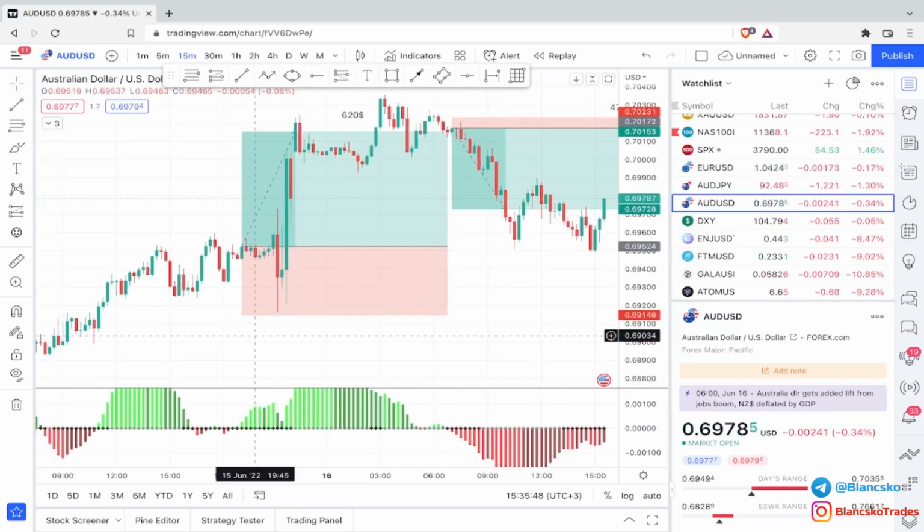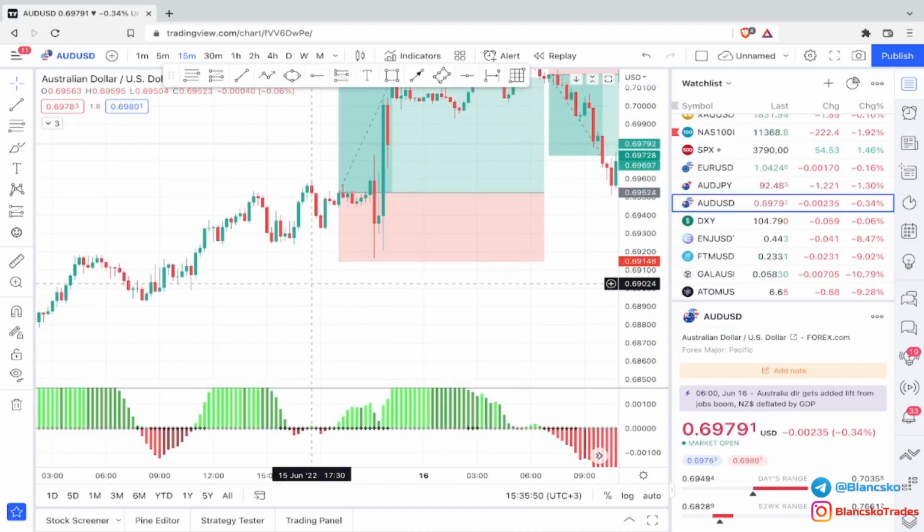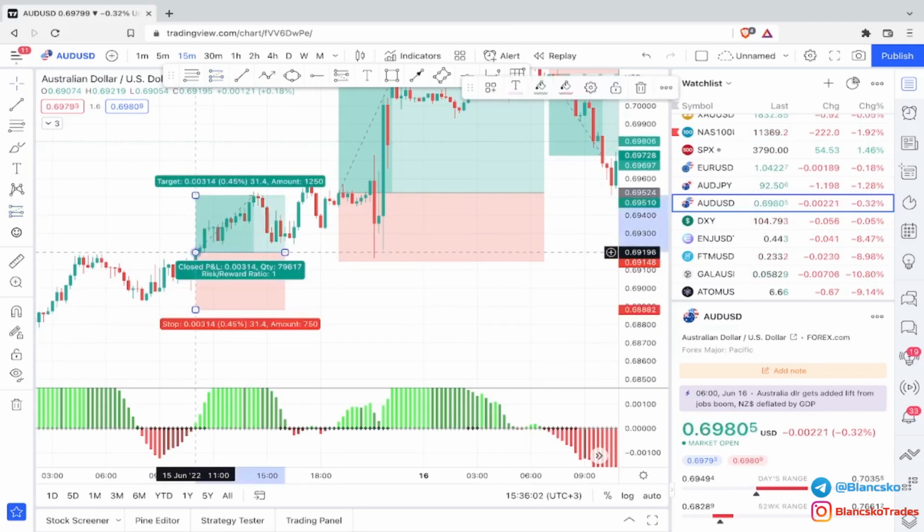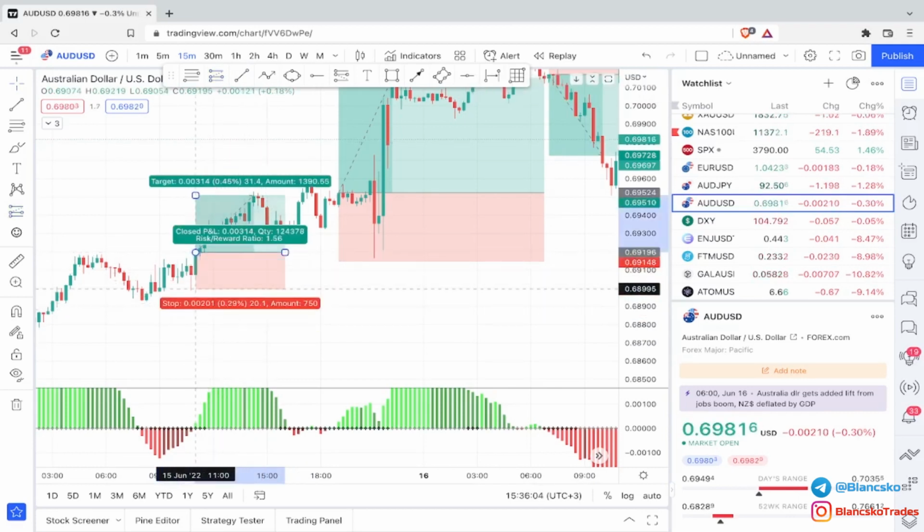So let's check out another example. Here another green candle printed right here, and a green bar printed as well on the squeeze momentum indicator. So we would have entered a buy right here. And where would we exit?